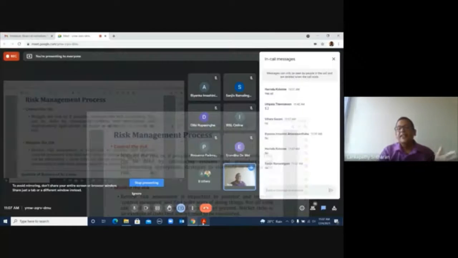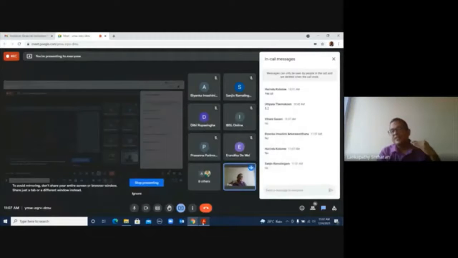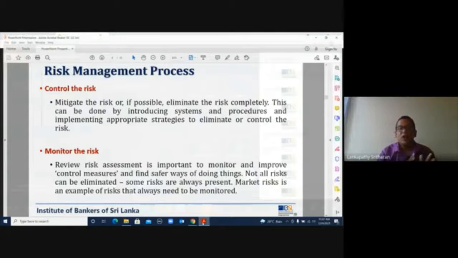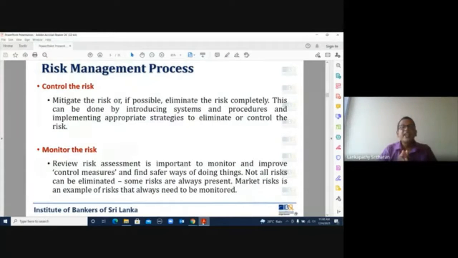Actually, I'm happy, there are several responses here saying no. Then you are on track. So actually, we can't eliminate the risk completely. Better, we have to mitigate the risk, in the sense of reducing the risk level, but we can't completely eliminate it. It's not possible at all.